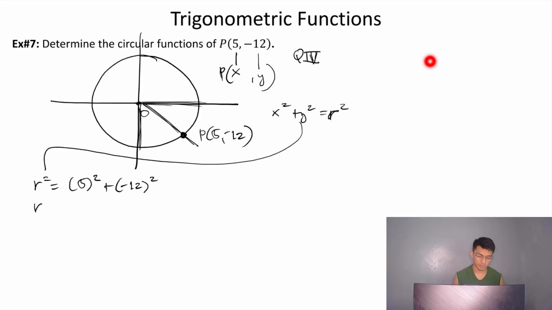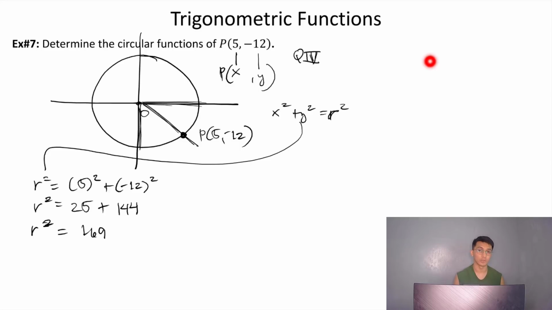By solving, r squared is equal to 25 plus negative 12 raised to 2 is equal to 144. And r squared now is equal to 25 plus 144 is equal to 169.